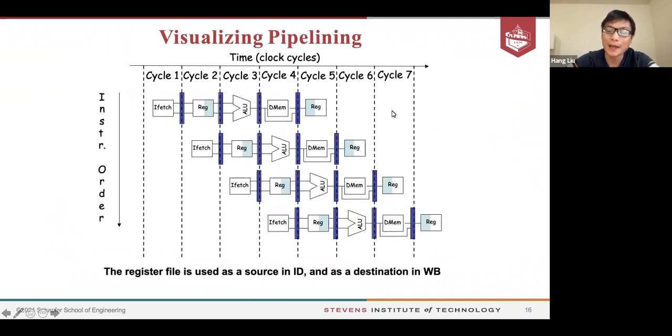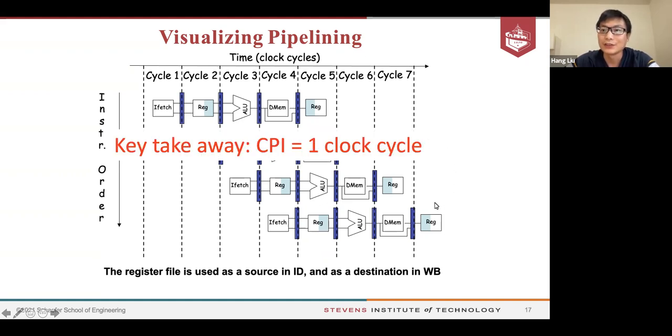So once we have this pipeline, you can see every cycle we launch one instruction. At the end, you see every cycle you have one instruction finished, right? So what's the throughput of the execution? Clearly, every cycle you have one instruction finished. So that means it is one cycle per instruction.